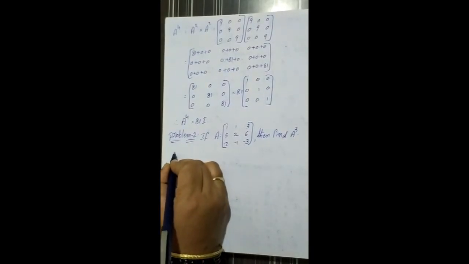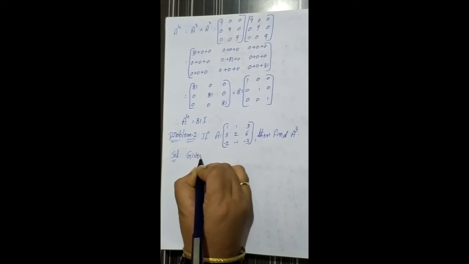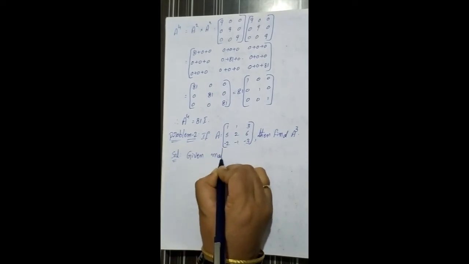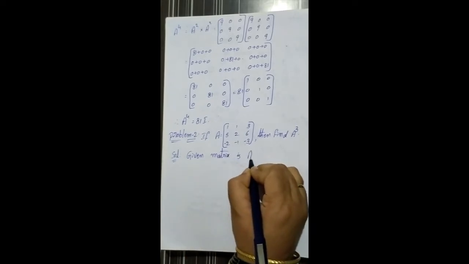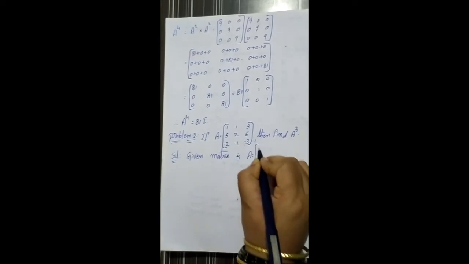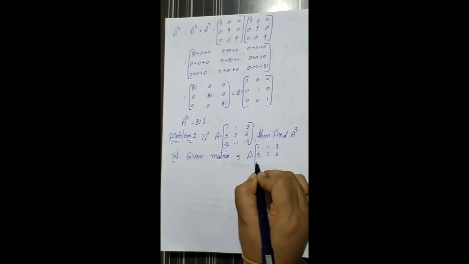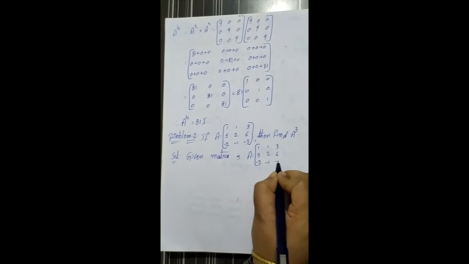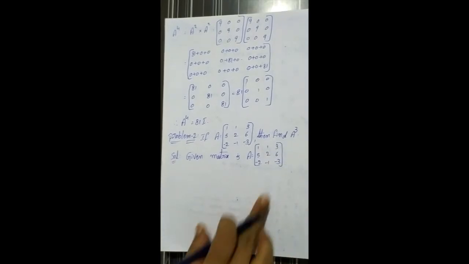Then the solution: given matrix is A equal to 1 1 3, 5 2 6, minus 2 minus 1 minus 3. This is matrix A. We have to find A cube.